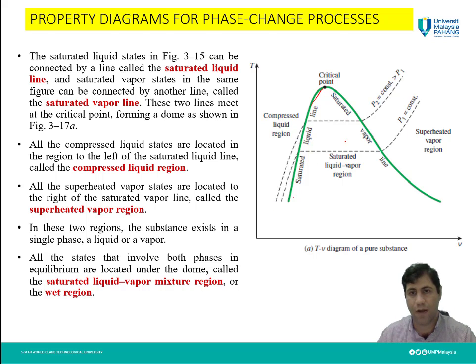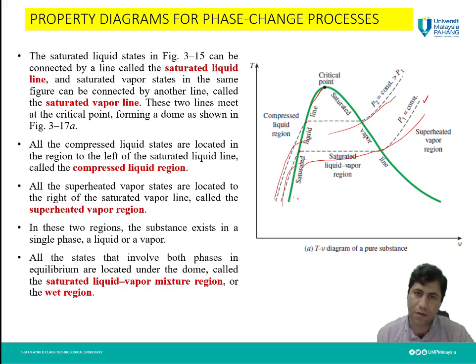This graph is only for one constant pressure. Imagine we have other graphs like this, and more and more graphs. Still, the point on each graph, if we connect these points to each other, we will have a line like this.